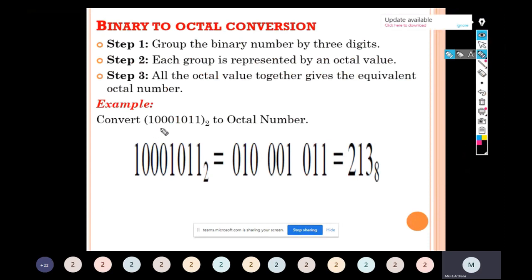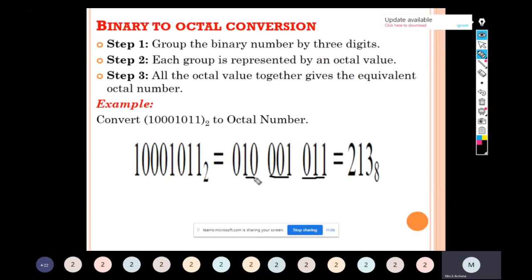The given number is 1000101 to the base 2. The given number is a binary number. We are going to convert this binary number into an octal number. For octal, we are going to group by 3 bits. We have to start grouping from the LSB. So 101 is the first group, and then 000 is the next group.